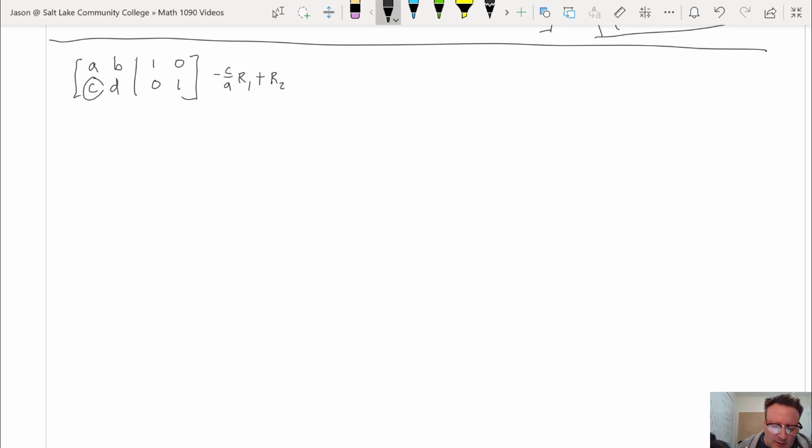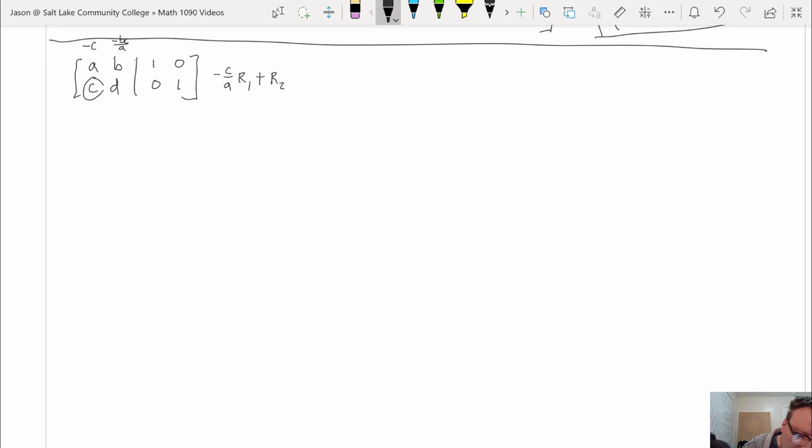Okay? So negative c over a times row 1, that's going to be negative c. And when I multiply b times negative c over a, I'm going to get negative bc over a.